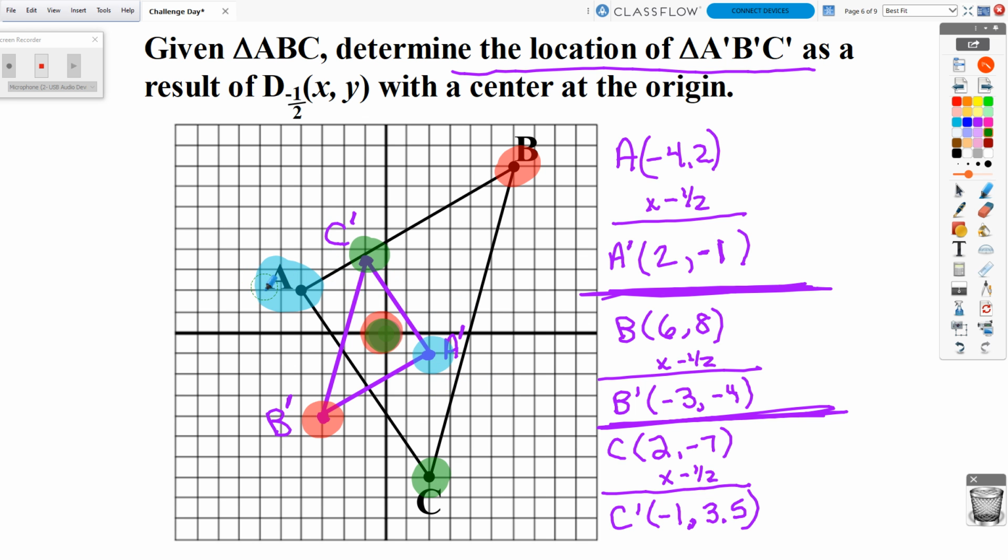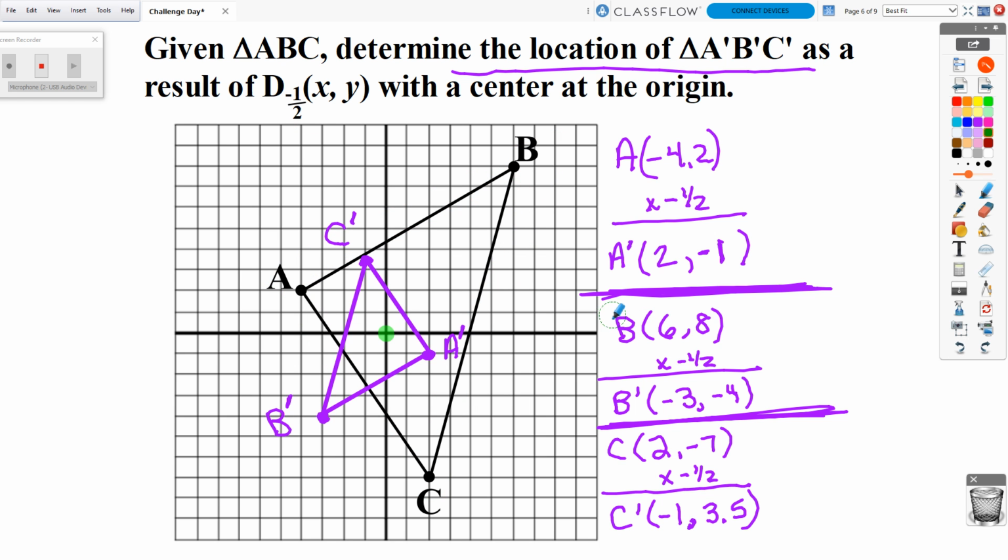And if you have something on the opposite side of the center, think about what type of angle that's really creating. It's making a 180-degree angle, right? So did we really just take triangle ABC, shrink it by a factor of 1/2, and then spin it around 180 degrees, and now it looks like this? And yeah, that's what happened.